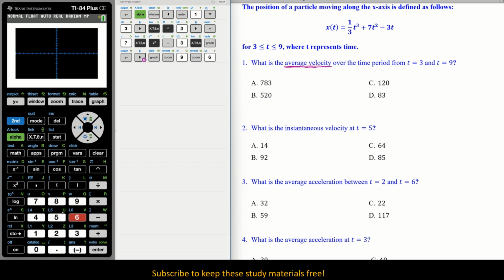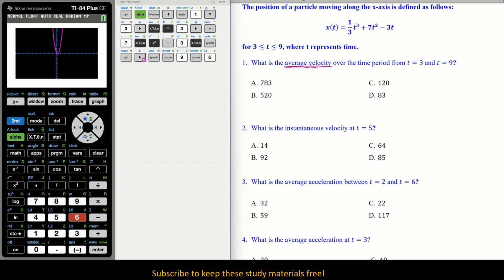Okay, zoom 6. Zoom 6 is better. Good enough. It still looks quadratic. Just making sure. Whenever I see something quadratic, but yet I see t to the third, although we have the third, second, and first power, I still need to take a look and make sure. Either way, doesn't matter.